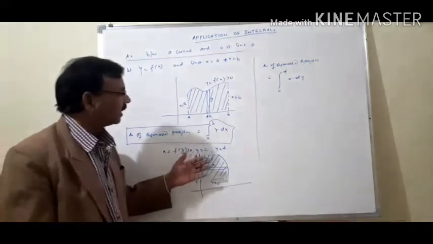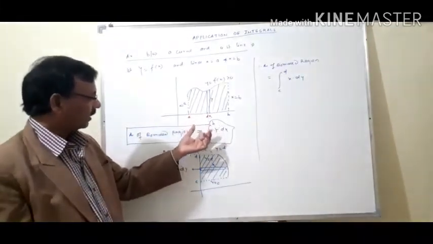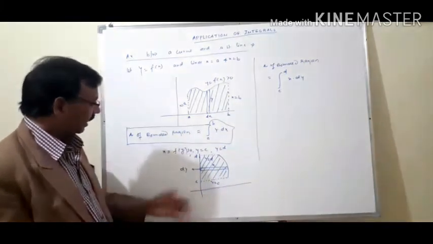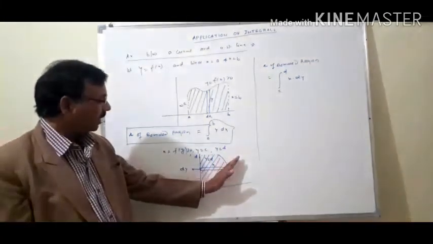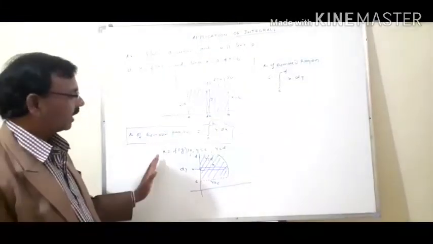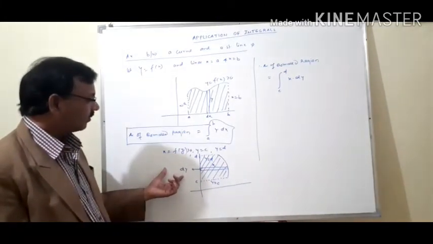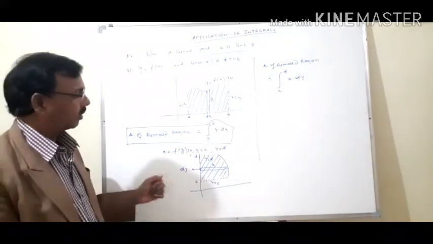But as you know, area is never negative, so we take the area of that lower curve as a modulus, that means positive. In the same way, if the curve is given in the negative direction of the y-axis, then the area of that curve will be negative, but we should take it as a modulus.